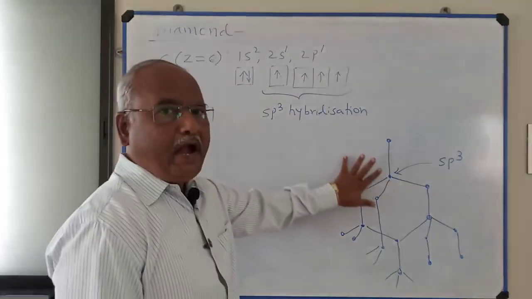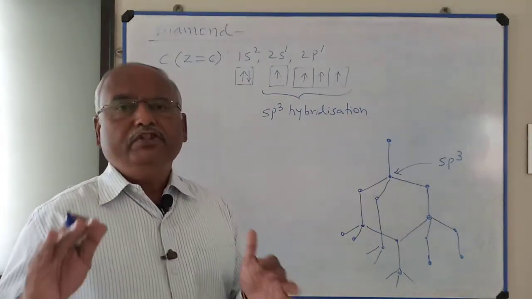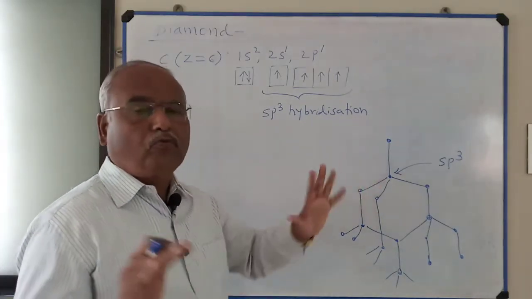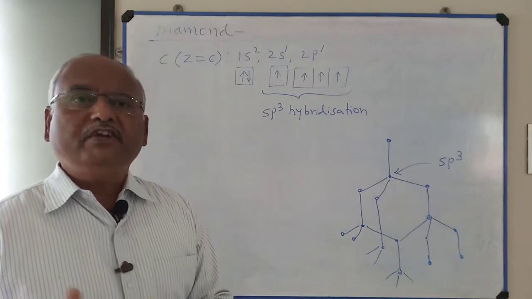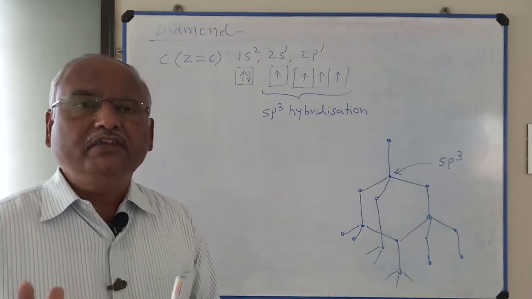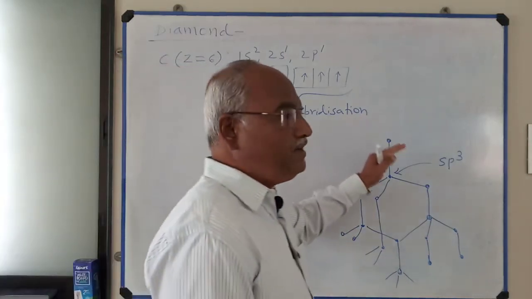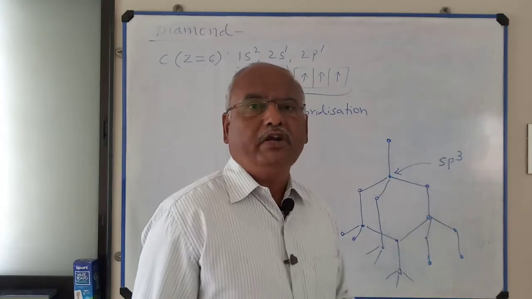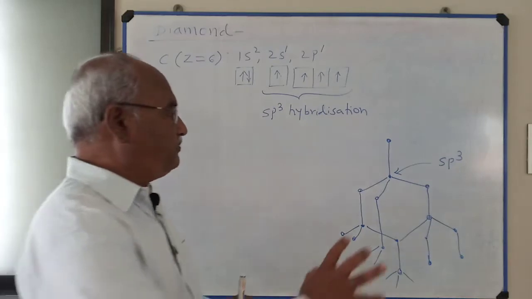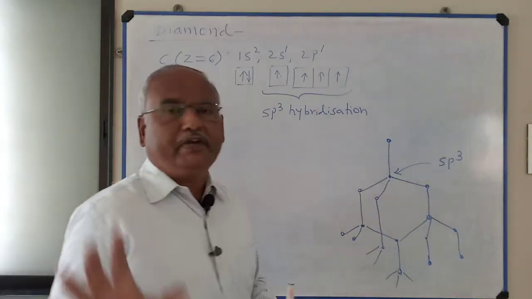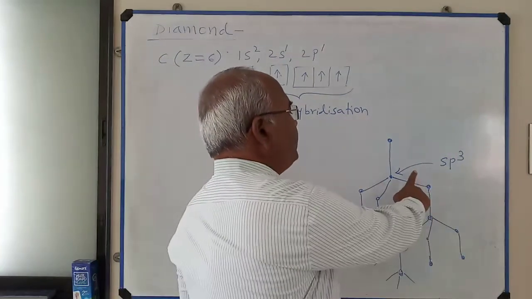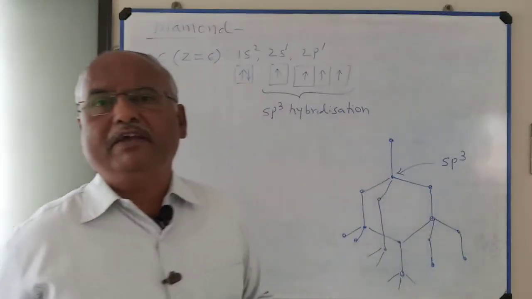So this pattern of covalent bonding repeats in the whole crystal lattice and gives rise to a giant structure. This is the giant structure of diamond, which is formed by sp3 hybridization of carbon.